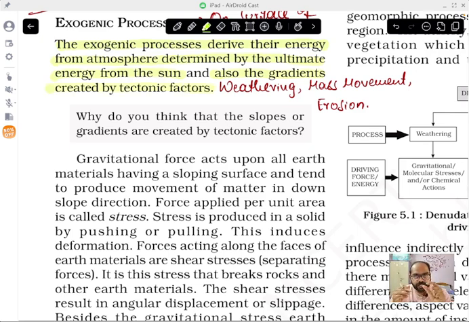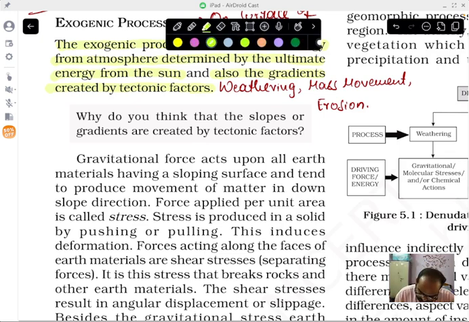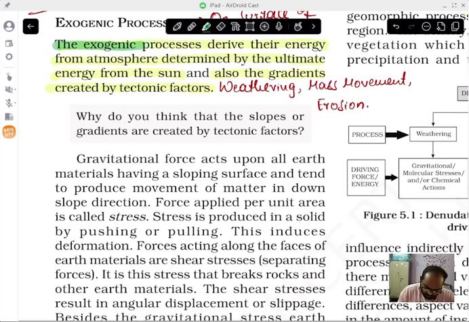The energy in the atmosphere is determined by sunlight. Depending upon the amount of sunlight we receive, the speed of the winds and the amount of precipitation we get are determined. So the sun is one of the factors determining the energy behind the exogenic process.